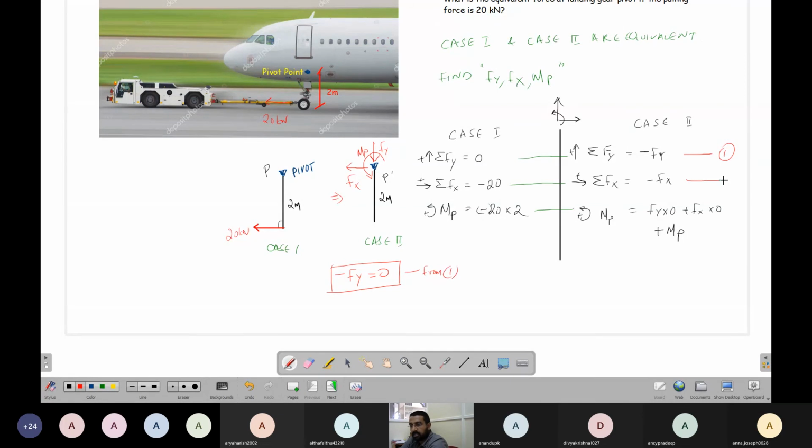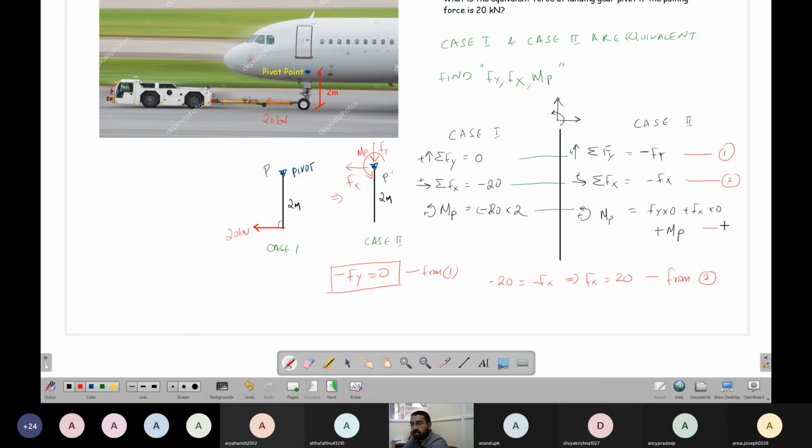Okay, so let's say this is my second set done. Then you get minus 20 equal to minus Fx. So this gives me Fx is equal to 20. Okay, so this is from 2.